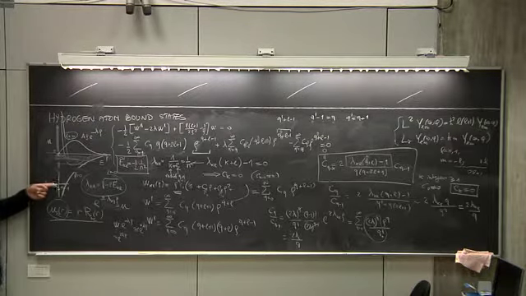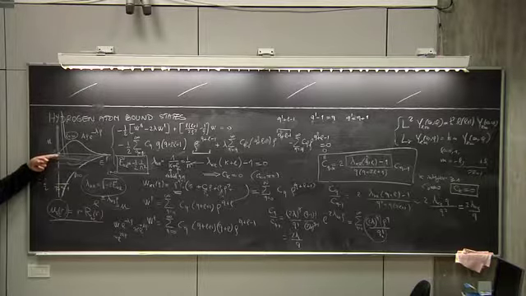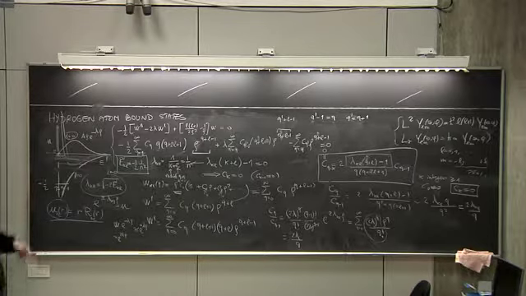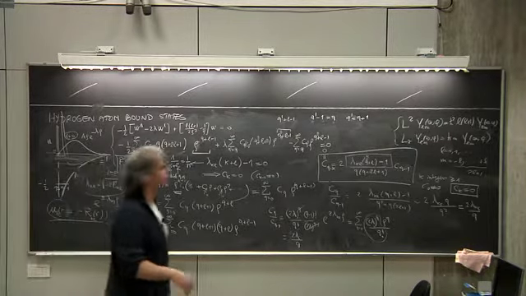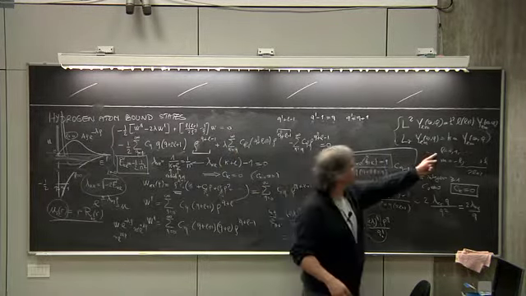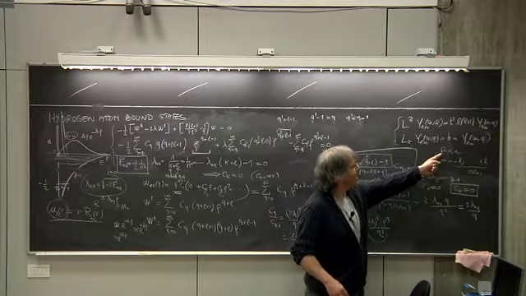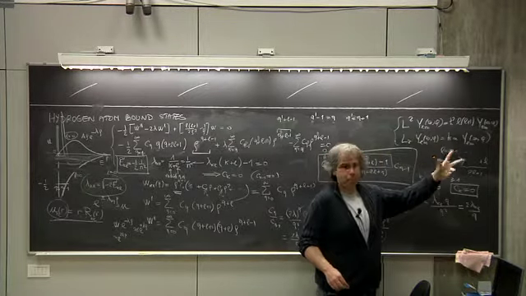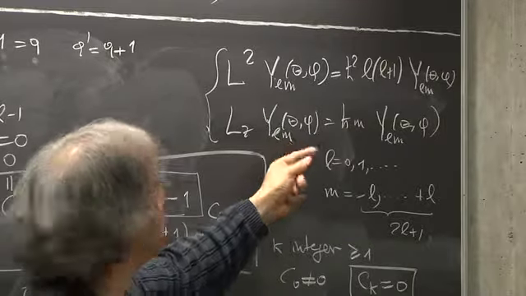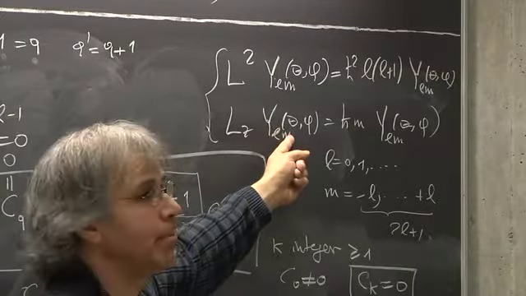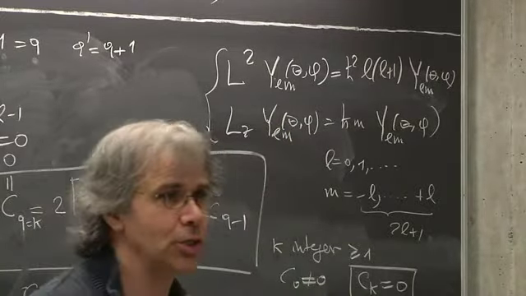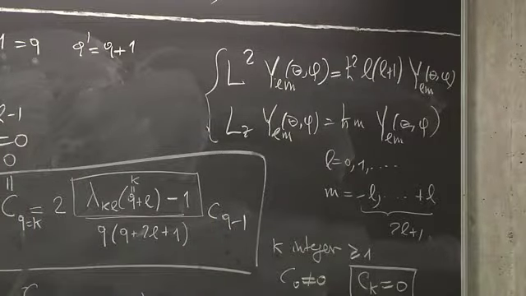Now, you should be worried. This doesn't mean that there is one level per value of the energy. In fact, you realize that there must be more than one. Just to tell you something, for every L, there are 2L plus 1 possible M's. Okay? These are all different functions, but they have exactly the same energy. So there is a degeneracy of this problem associated to the angular part.